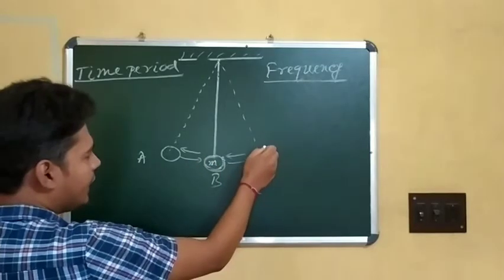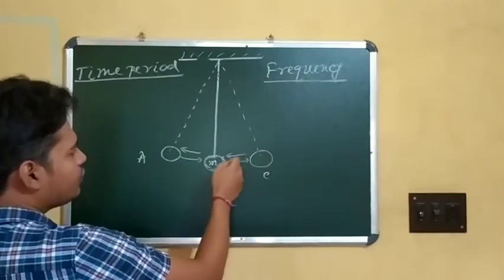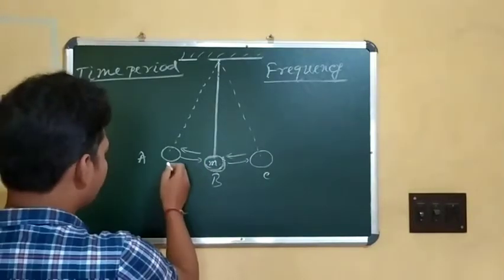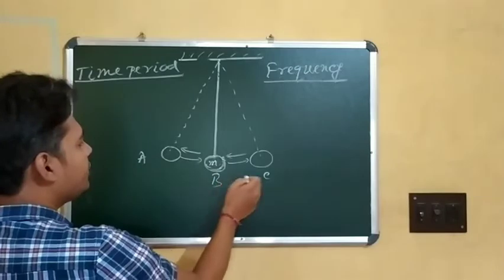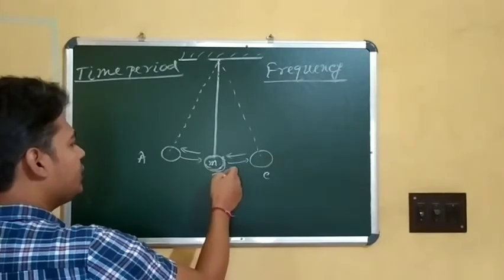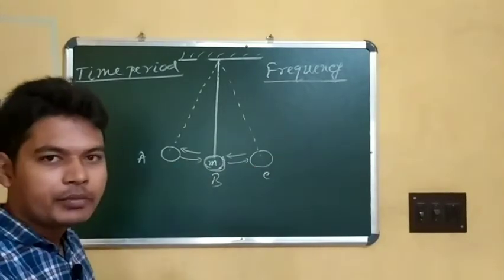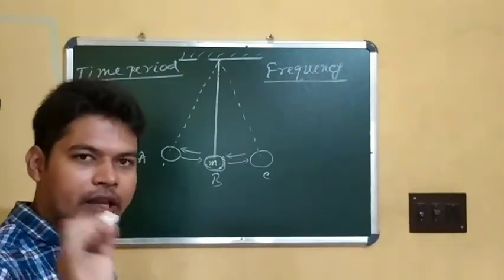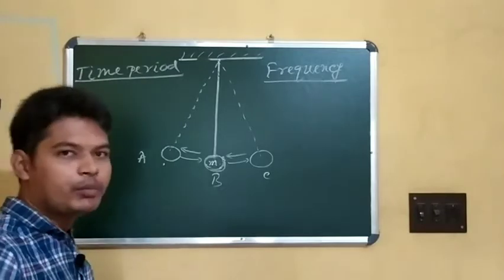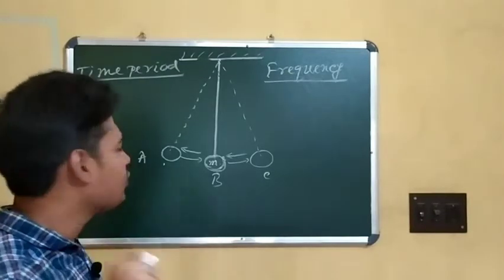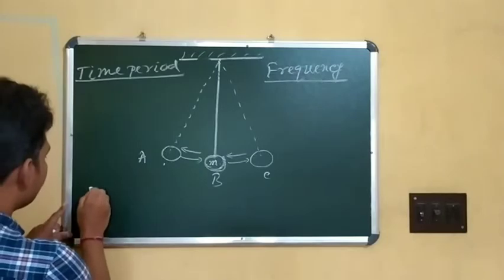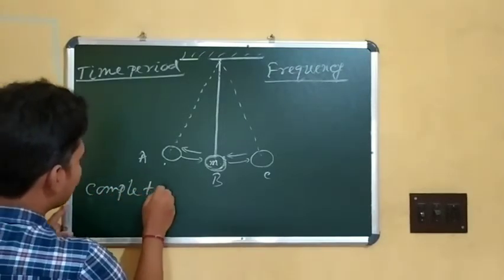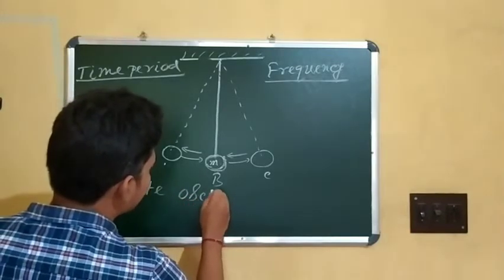In this way it comes back from C to B and B to A. The bob starts its journey from A, and when it comes back to point A again, that is called one complete oscillation.